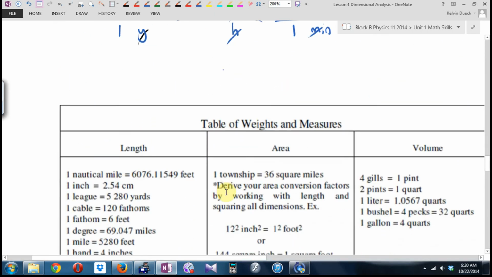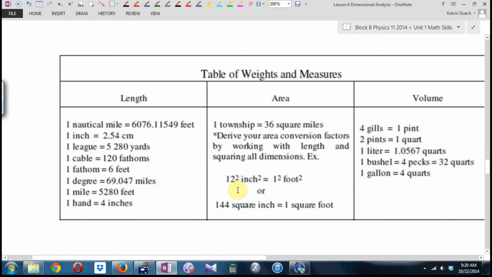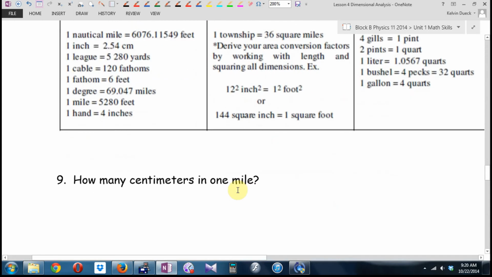Okay, sorry. Then we have the stupid US system. Do not memorize these. If I ever ask you to convert to Imperial, I will give you conversion factors. So I gave you this information, and I asked, how many centimeters in 1 mile?